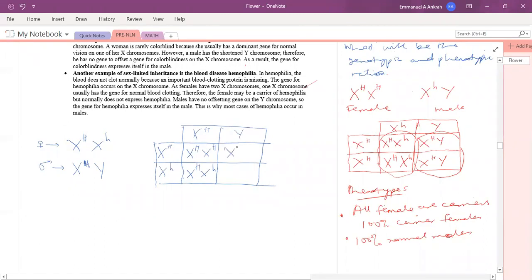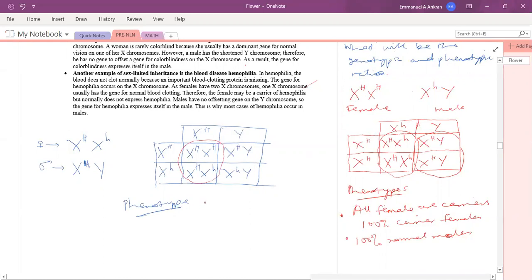This will be X, H, and then Y. And this will be X, h and Y, right? So what's happening here? Let's look at the phenotypes here. So that would be the females here. XX are the females.